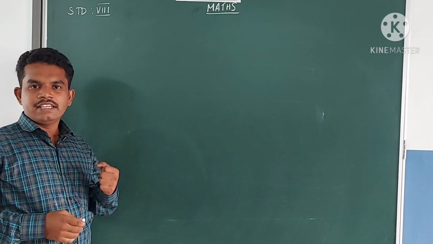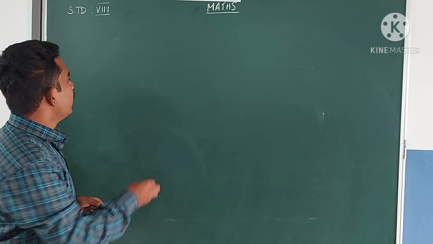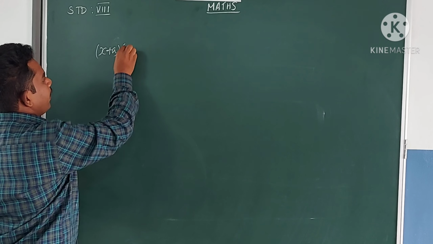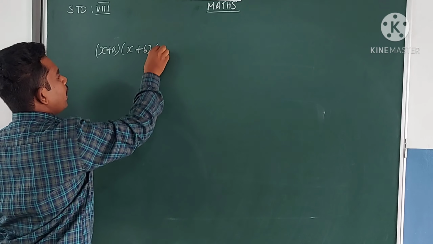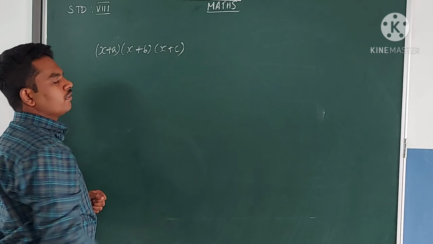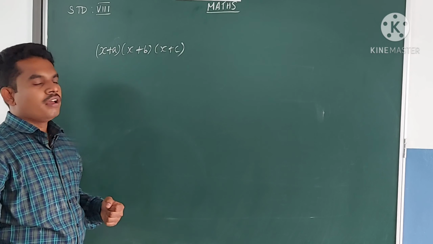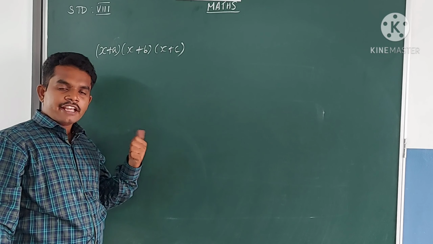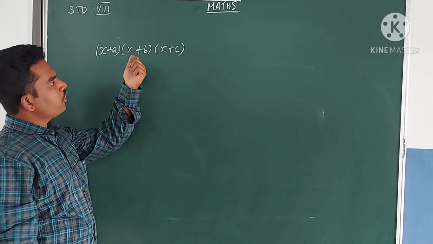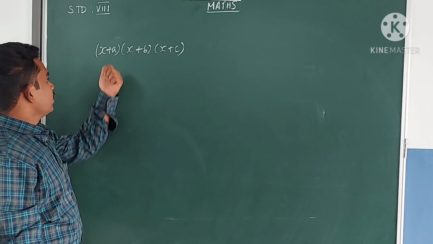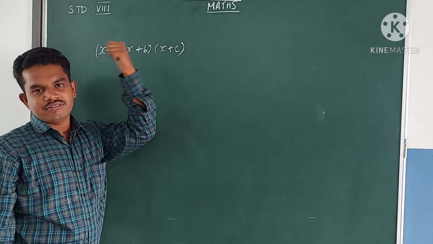The third and last identity is x plus a, x plus b, x plus c. In the first identities, we have learned x plus a into x plus b. Here only one more term is added, x plus a into x plus b into x plus c.